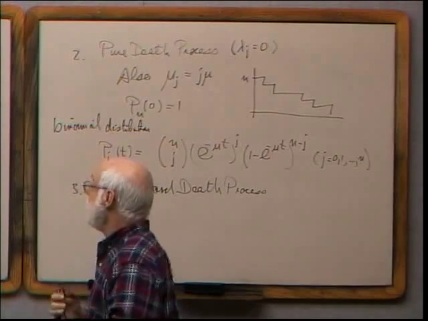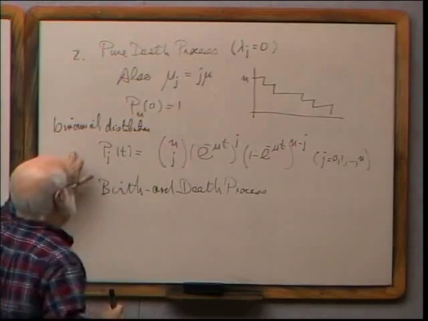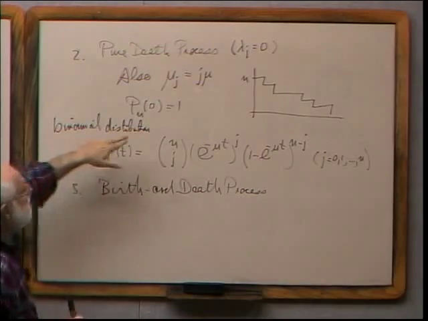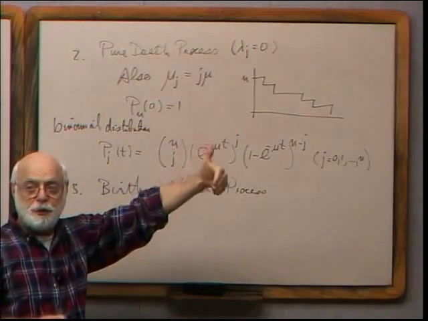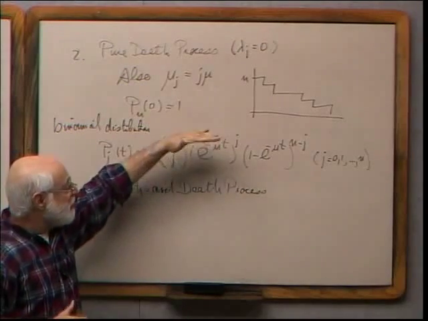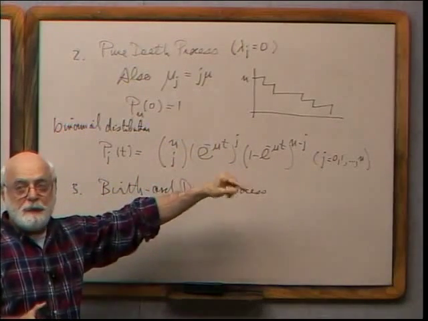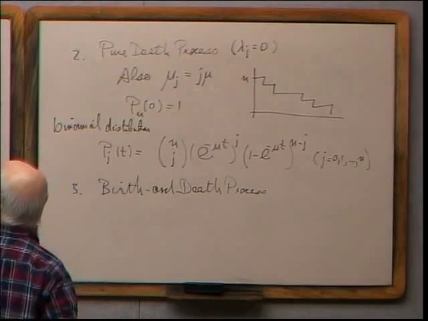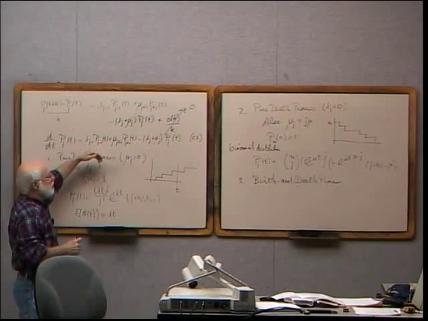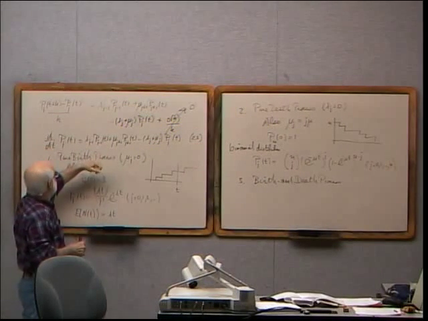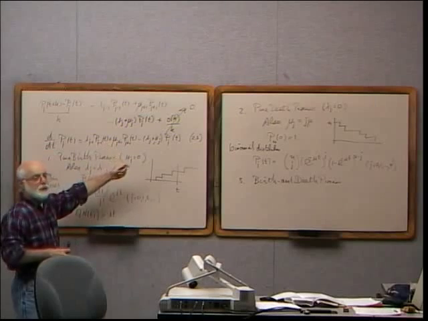Similarly, in the case in which all of the lambdas are 0, we also were able to solve the equations by successive substitution. So that allowed us easily to get the answer. But in general, you can't do that, because if you go back and look at these equations here, if you were to write them out, you would see that in general there's no way to simply find P1 in terms of P0 and then P2 in terms of P1 and so forth.